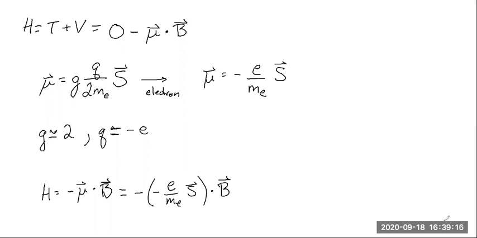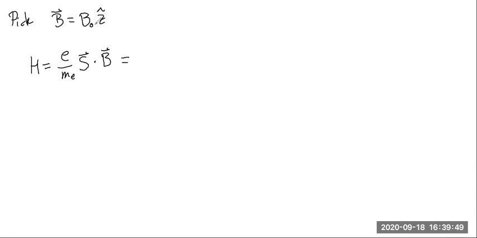There's a couple of things that we can do. We are going to choose the situation where we pick the magnetic field to be in the z direction. So it is equal to B naught in the z hat direction. We'll deal with multiple directions later, but you could just align it and say, z direction. In that case, the Hamiltonian is going to be e over m sub e times S dotted into B. Now B is only in the z direction, so only the z component of the spin contributes to the Hamiltonian.